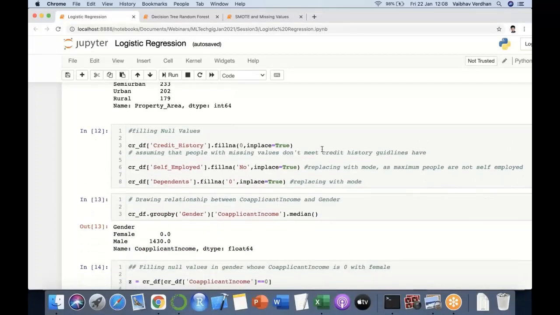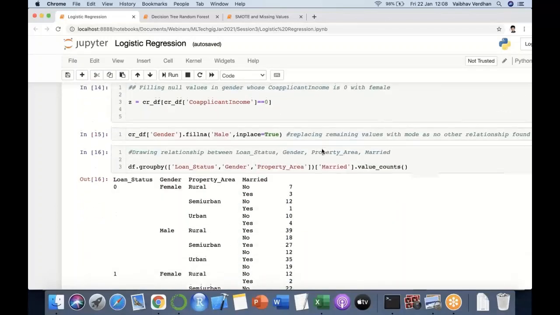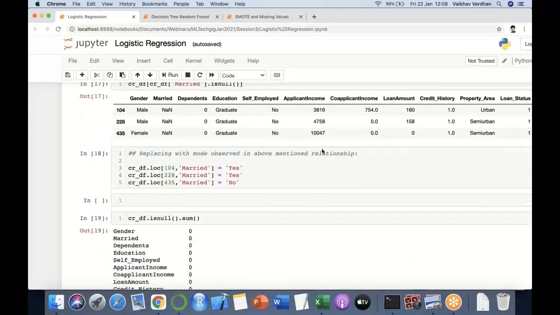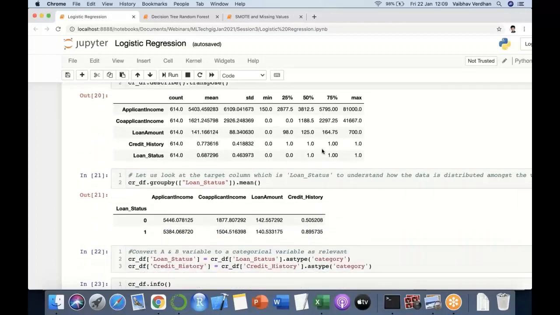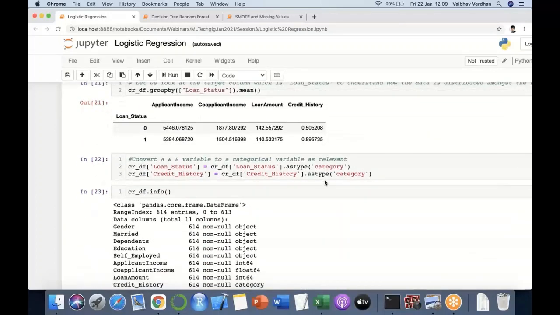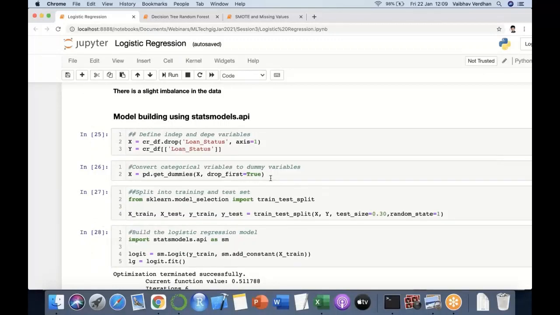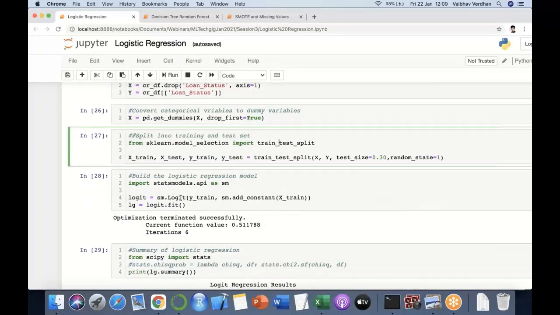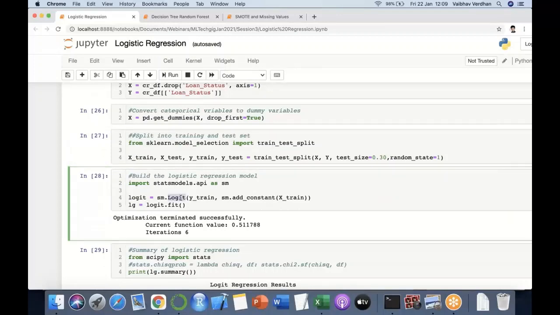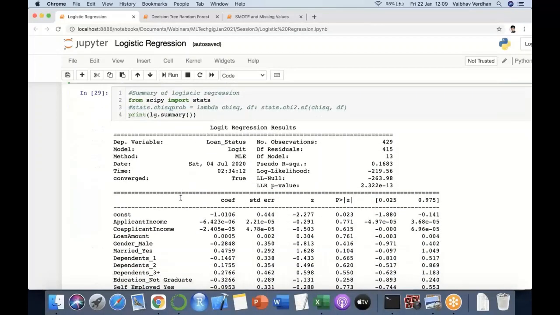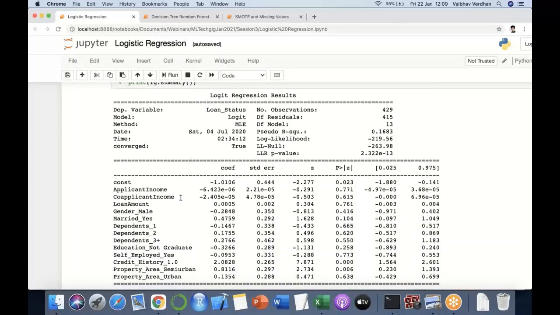We are trying to assign the null values, and we are trying to assign some relationships. These are all under the purview of EDA, exploratory data analysis. And over here you're doing your train test split. This is your logistic regression model, and this is the output of your logistic regression model.